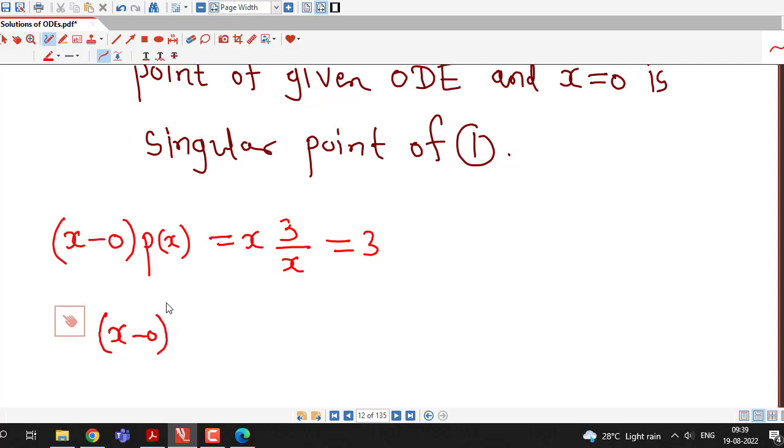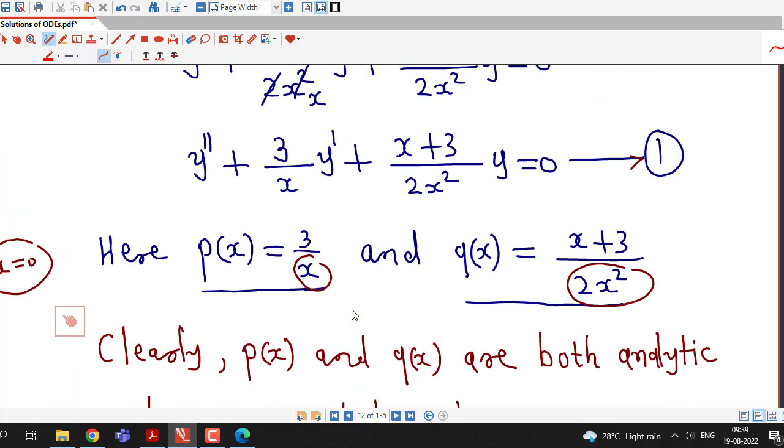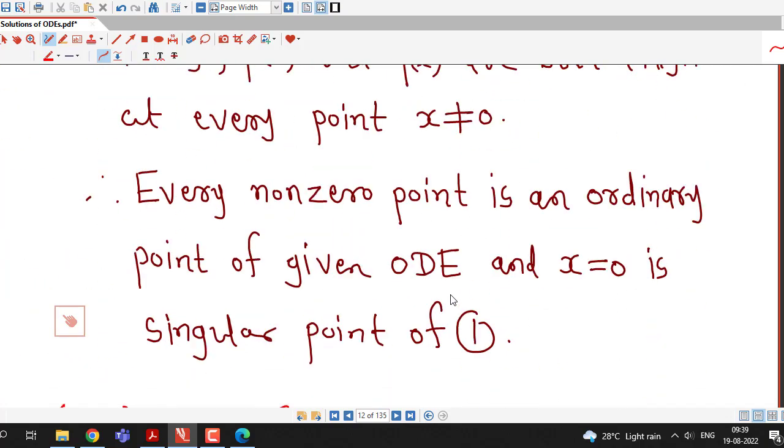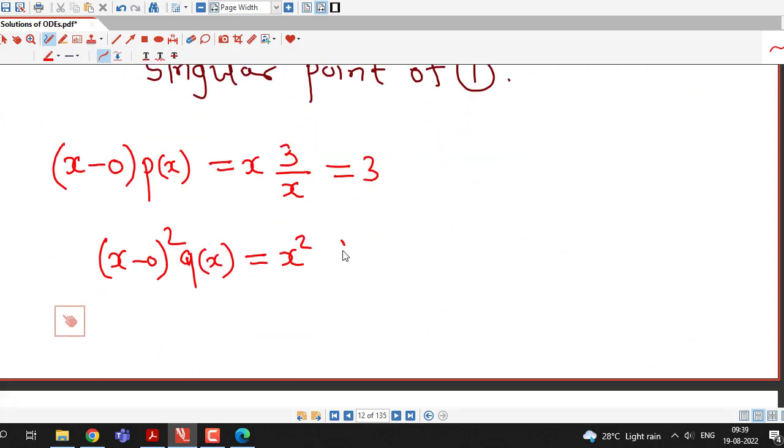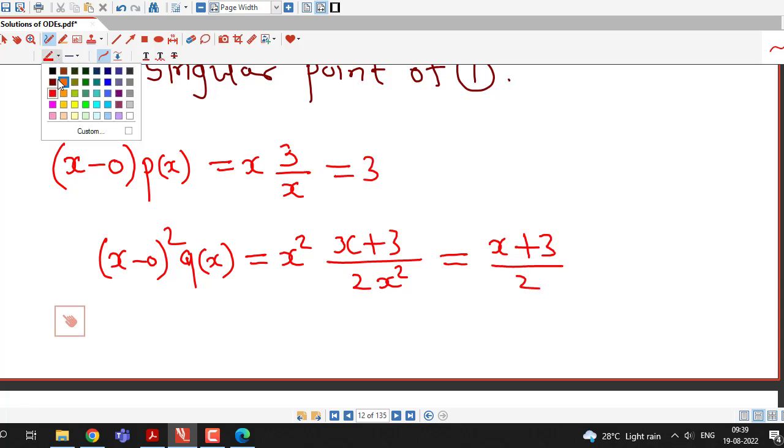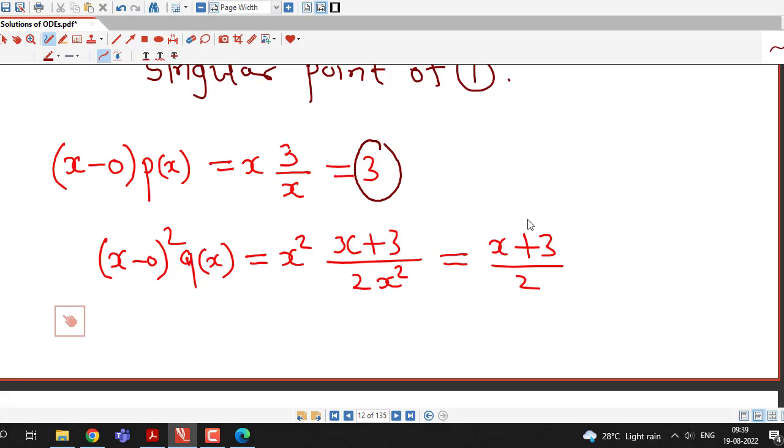Similarly, we find the square of (x−x₀) into q(x), that is x² times (x+3) divided by 2x². So the x² cancels out, and we are left with (x+3) divided by 2. It is clear that this is a polynomial, analytic everywhere, and the constant is also analytic everywhere because there is no denominator that becomes zero.